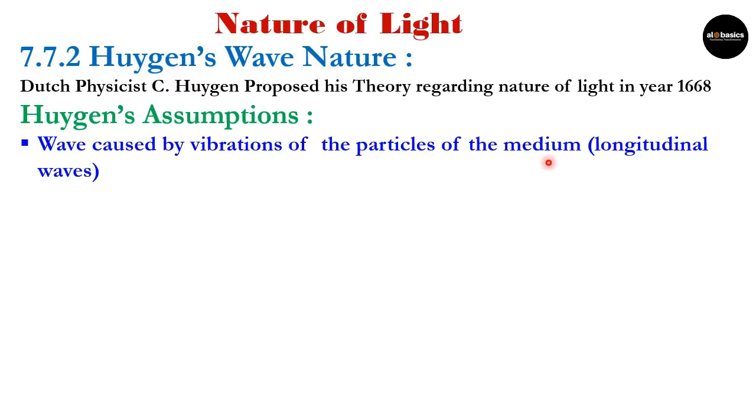All of you are familiar that waves are nothing but vibrations, or oscillations, of particles in the medium. When it is said to be a wave, he considered that these are longitudinal waves. So according to Huygens, light is in the form of longitudinal waves.